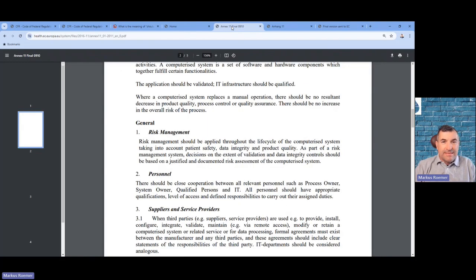Let's have a look at some examples. I opened Annex 11. I'm a big fan and supporter of the European Annex 11, where you see: the application should be validated. I would read it like: the application must be validated.